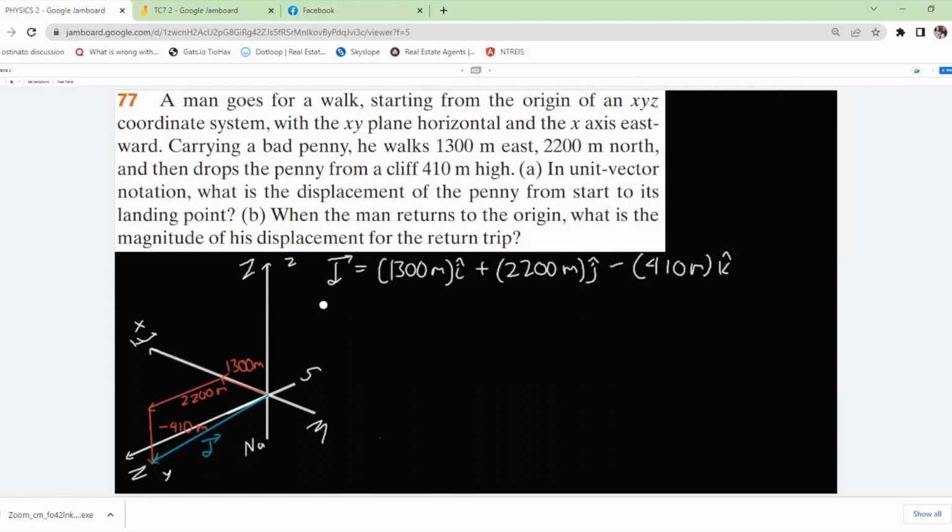So, yan na yan. So, 1,300 squared plus 2,200 squared.